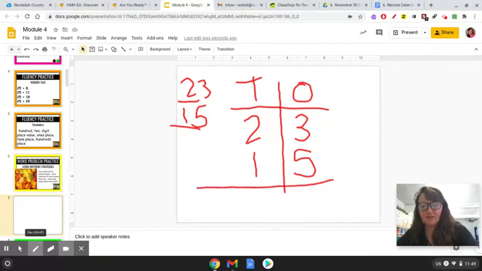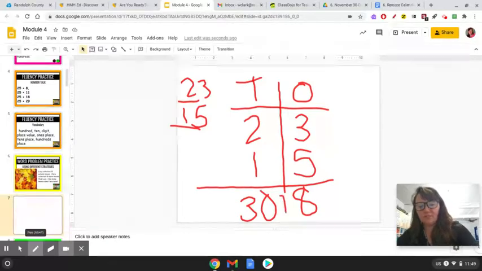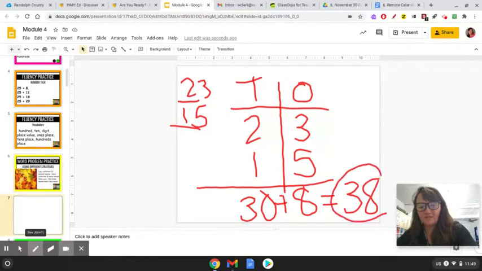So 3 plus 5, so 5, 6, 7, 8. Okay, 2 plus 1, or 20 plus 10. So 10, 20, 30, right? So is that the right answer? Is that how we write that? No. So what you do is 30 plus 8 would be 38. You see that?